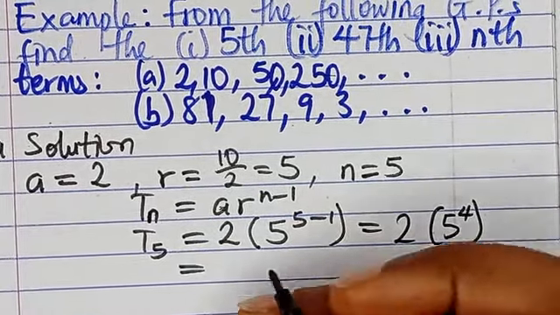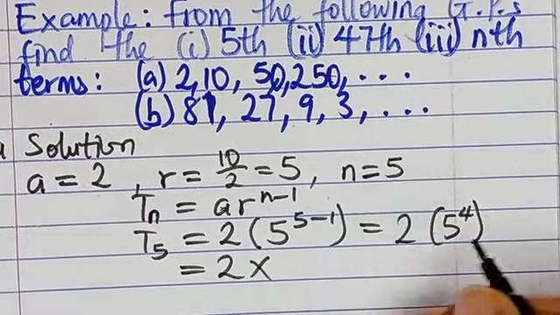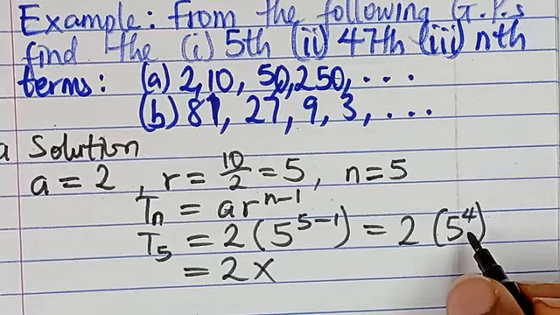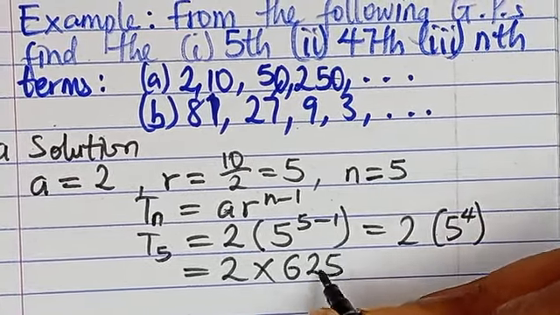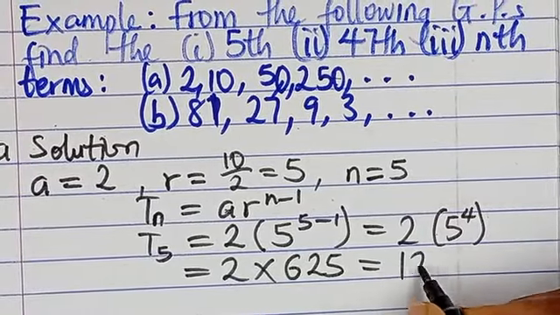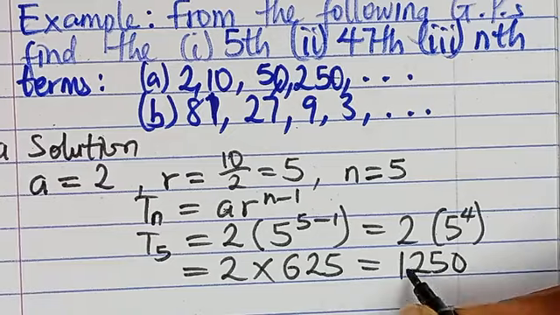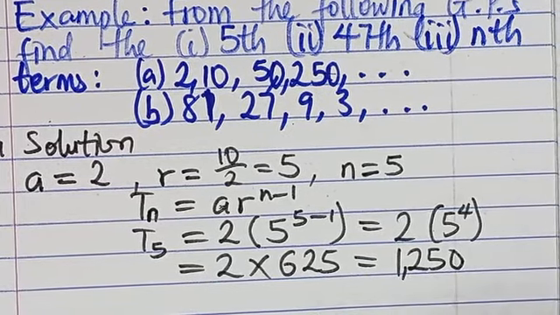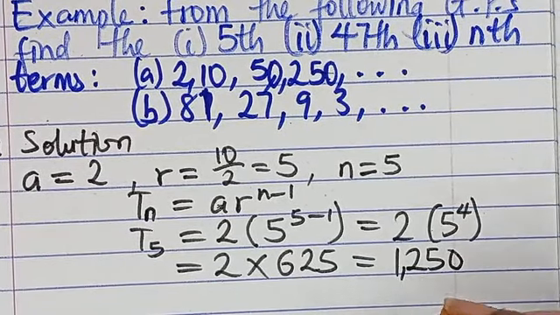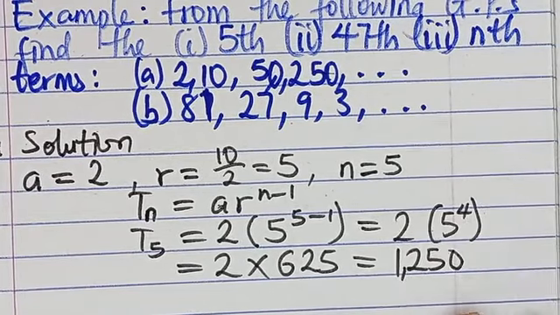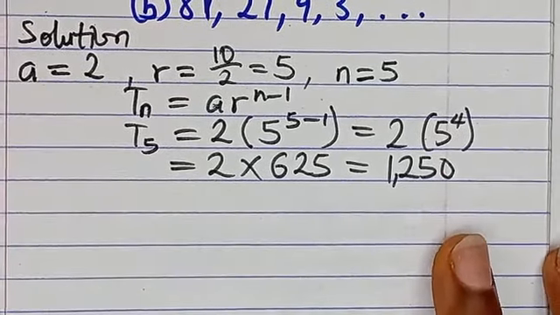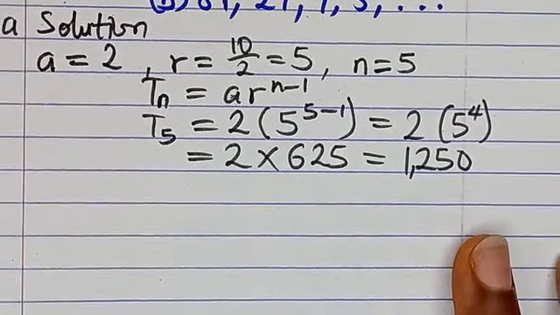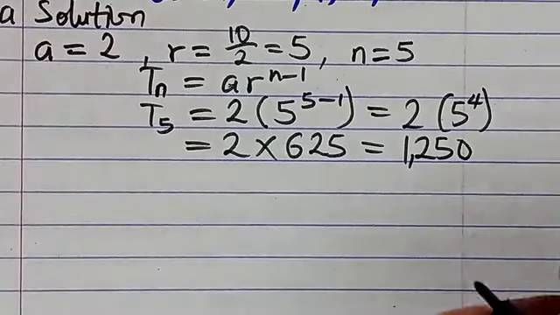Now we have 2 times 5 times 5, 25, times 5, 125, times another 5, 625, which is equal to 1250. So the fifth term of this GP is equal to 1250.